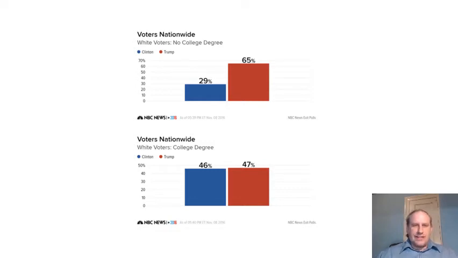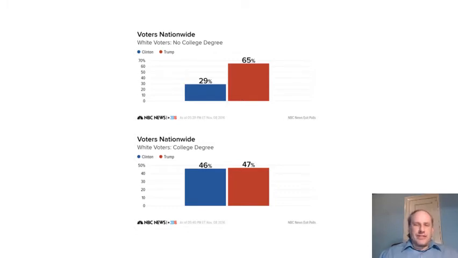If you look at this graph, you see that 65% of white voters with no college degree voted for Donald Trump, 29% for Clinton. It was actually much closer amongst white voters with a college degree. And that spread between white voters with no college degree and those with a college degree was considered remarkably different from some previous elections. So that's been at least one explanation out there.